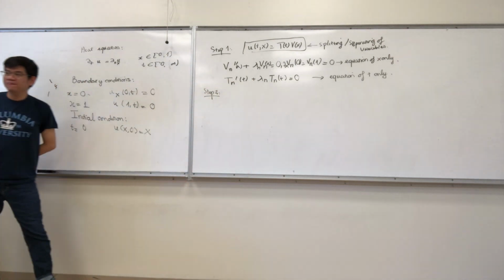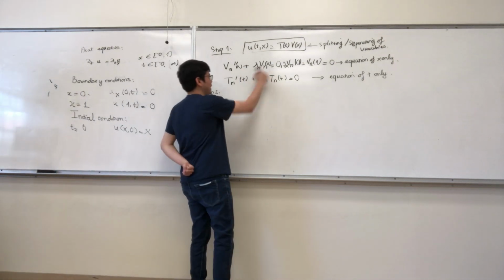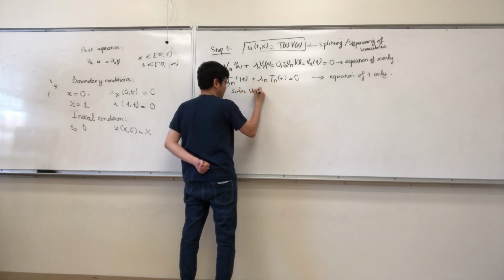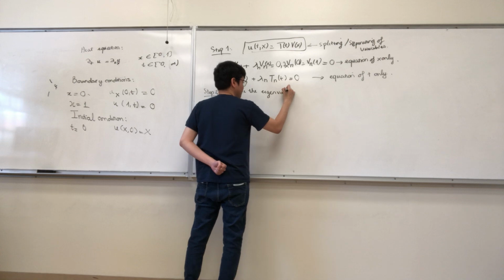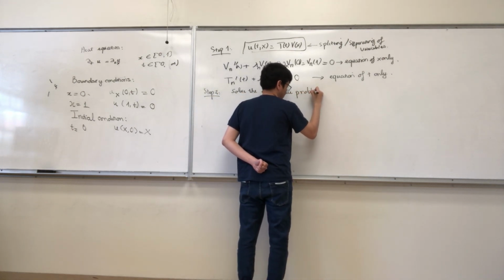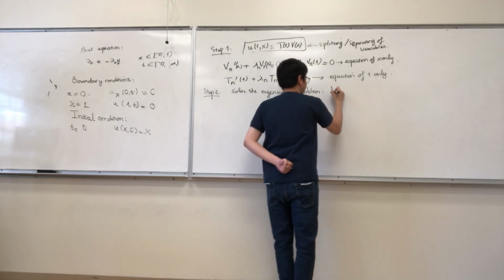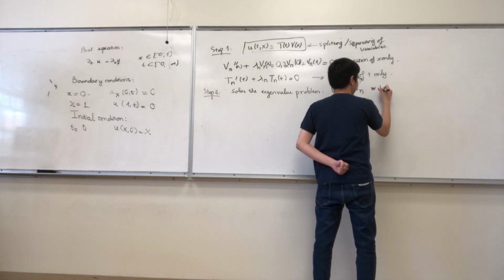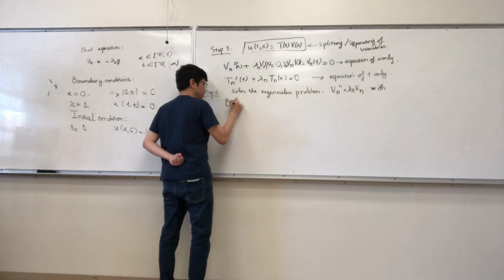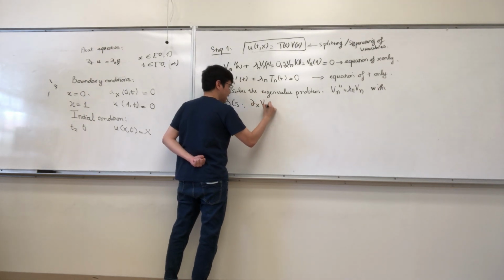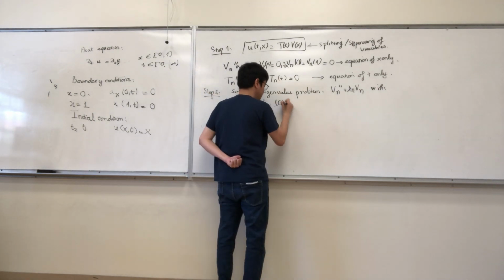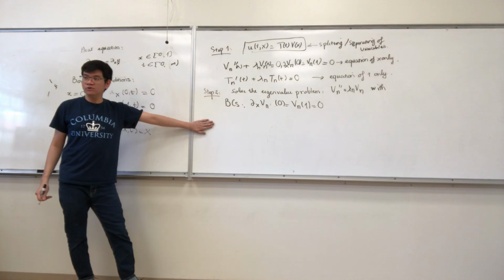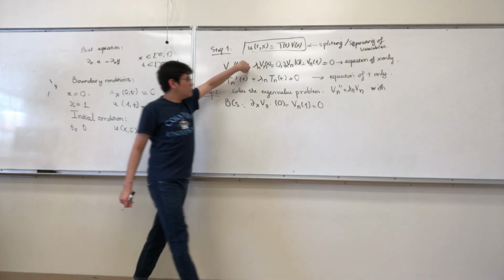Step number 2 is to find the basis, right? So to solve the eigenvalue problem, Vn second plus lambda n Vn with boundary condition, Vn derivative at 0 is equal to Vn of 1 at 0. Alright, so the second step, we will try to solve the eigenvalue problem.